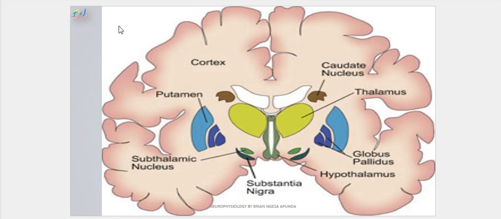So we've said that signals from the premotor cortex, most of them are likely to pass to the basal ganglia, before they return back to the cortex, where they can now be transmitted all the way down to the spinal cord.